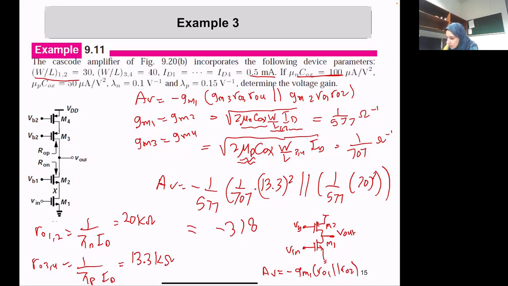Typically, compared to the gain that we have here, this one will be much larger than the lower one, because the output impedance is larger than the cascode impedance.